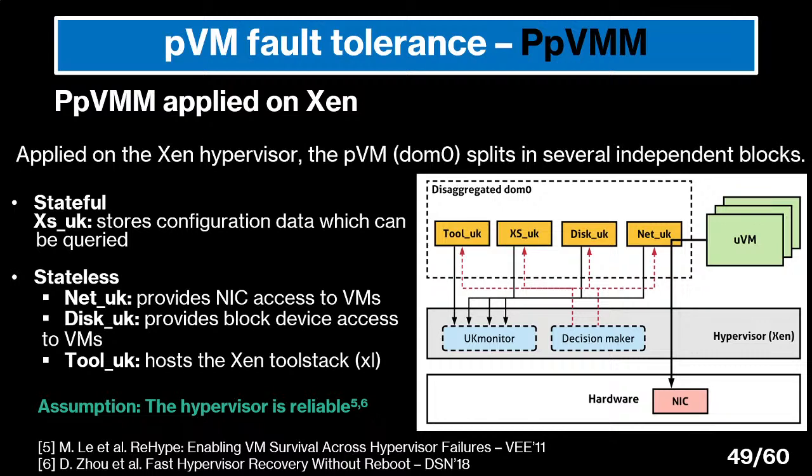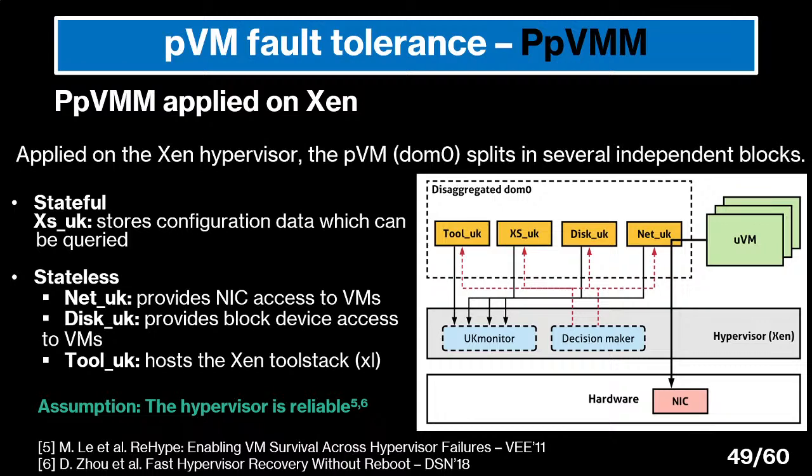Stateful components: the XenStore UK, XS UK, that stores information about the running virtual machines and the system, and this information can be queried by the hypervisor and the other virtual machines. The other group are stateless blocks, such as the Net UK, that provides network access to the virtual machines, Block UK, that provides block device access to virtual machines, and Tool UK, that hosts the Xen toolstack, which is the administration data plane.